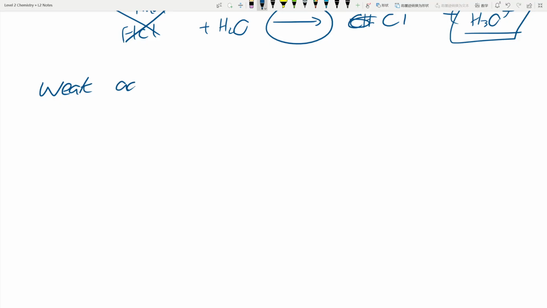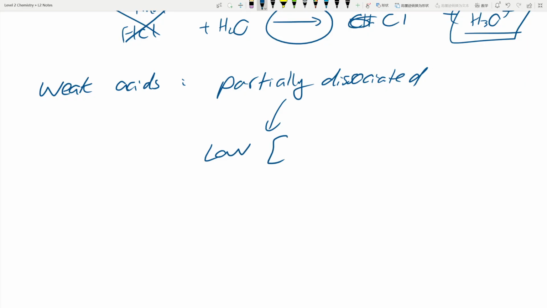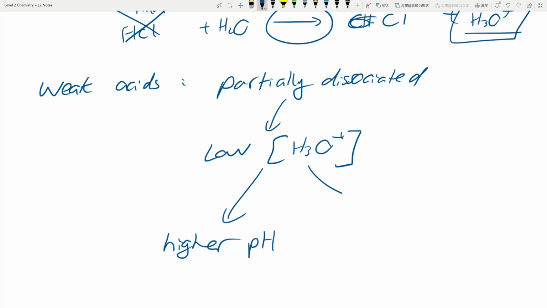Weak acids partially dissociate, and as a result, you produce a low concentration of H3O plus, and a low concentration of the other thing, which we don't really care about. So with a low concentration of H3O plus, you're going to have a higher pH compared to your strong acid, apologies, and because of the low concentration of H3O plus, you are going to have what we call a weak or poor conductor of electricity.